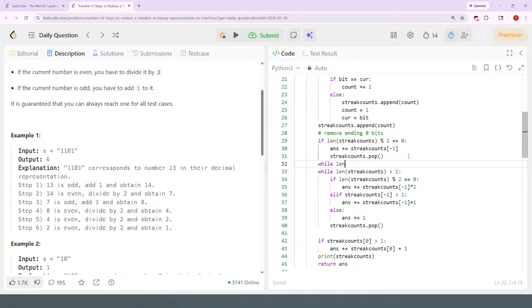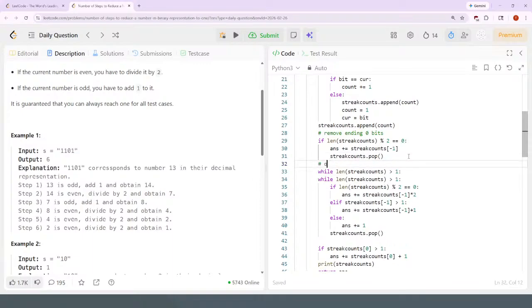So while length of streak counts is greater than 1, which means it's going to be an odd number, only odd length of streaks here. Since it was even, it removes 1.